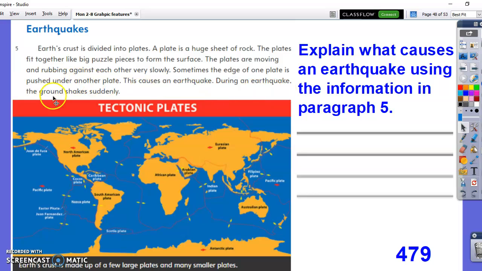During an earthquake, the ground shakes suddenly. Explain what causes an earthquake using the information in paragraph 5. Also, a good question would be, what is the map showing on page 479?